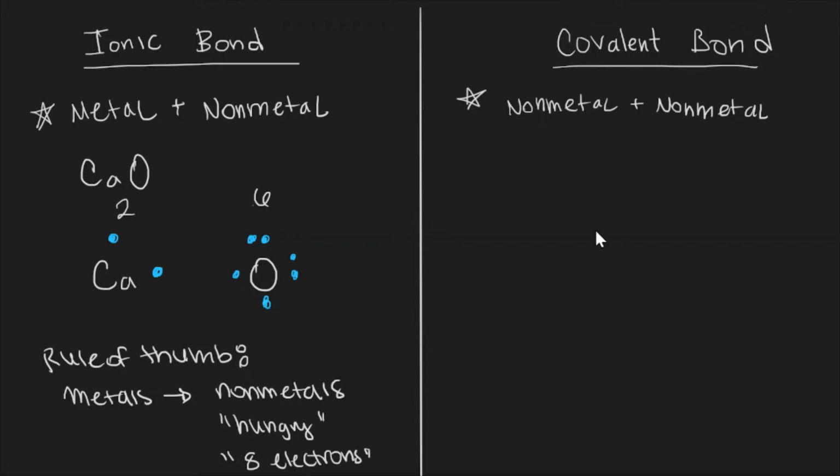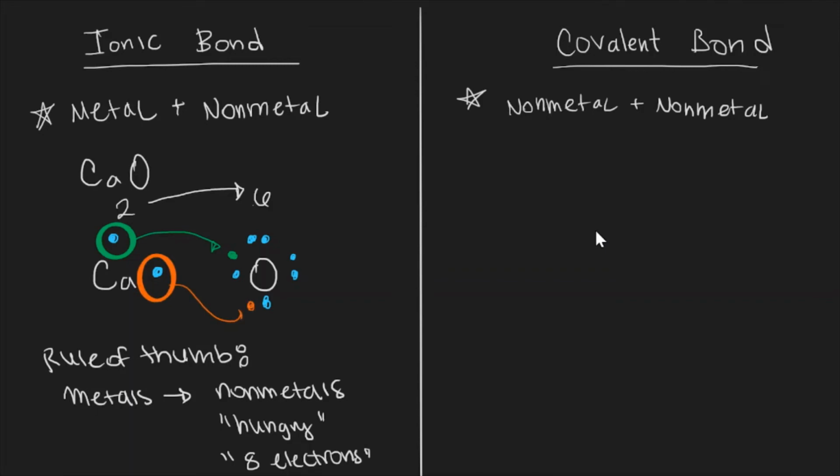And because calcium is a metal, calcium is going to give its 2 valence electrons to oxygen so that oxygen can be full. So what's going to happen is this one is going to move right here, and this valence electron is going to move right here.